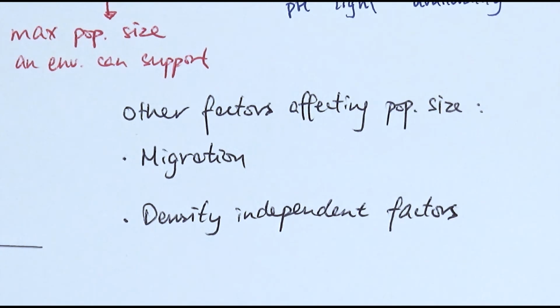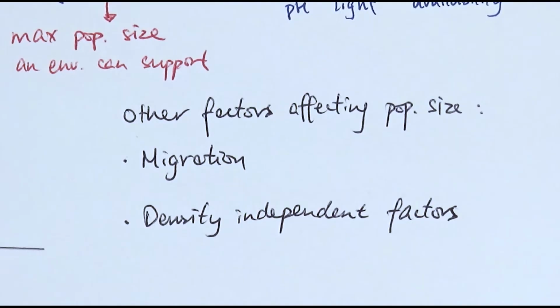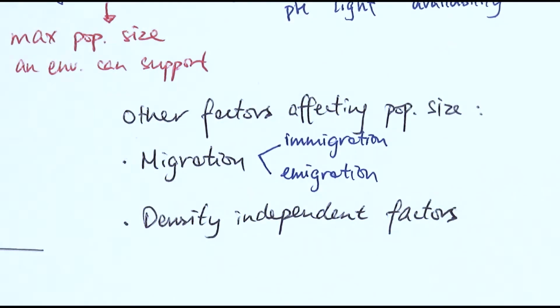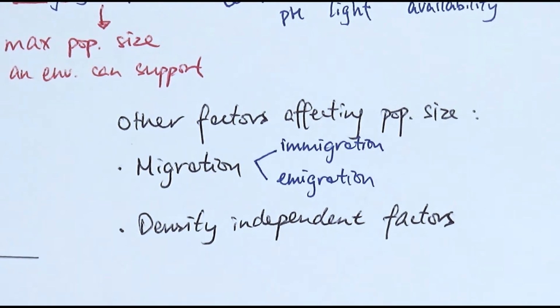Now, sometimes there are other factors that would affect a population size, and these are mainly two, migration and density independent factors. Migration is referring to the movement of a whole species or organisms going from one place to the other. And there can be mainly two types, immigration and emigration. So immigration is about coming into a particular habitat.